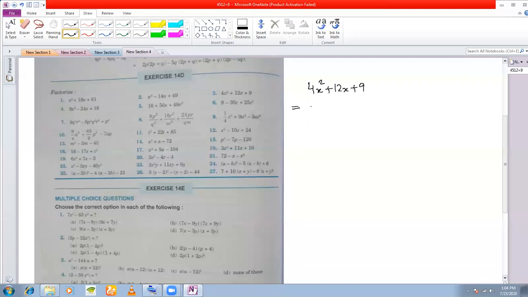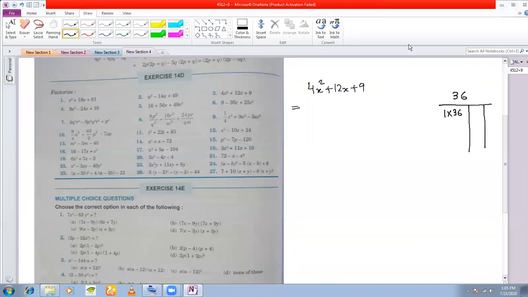It is 4 into 9 equal to 36. Then it will be 1 into 36. What else?